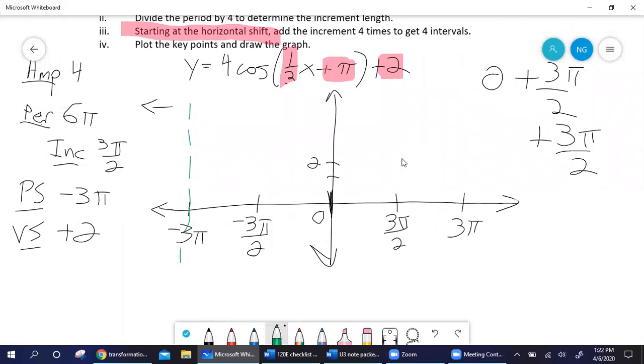So that's going to be my new midline vertically. And from that, I'm amping 4. So as we mentioned before, that's going to put me at a peak of 6 and a bottom 1, 2, 3, 4 down at negative 2.